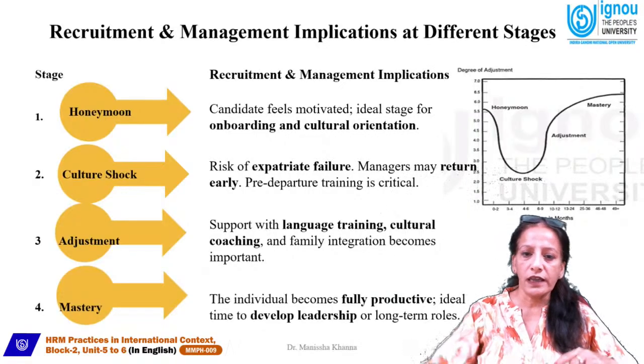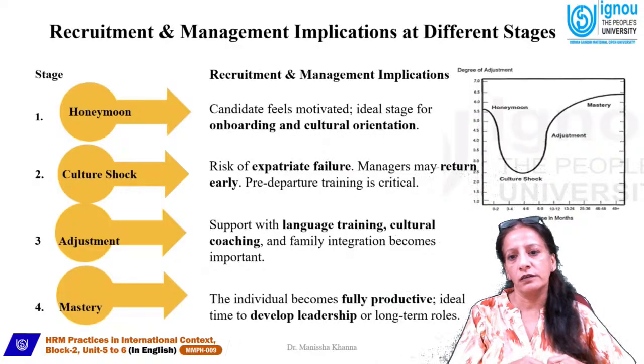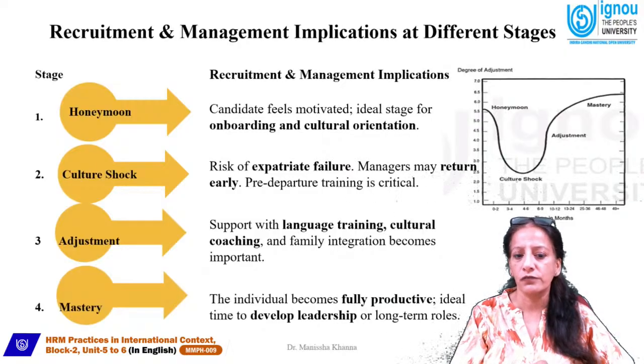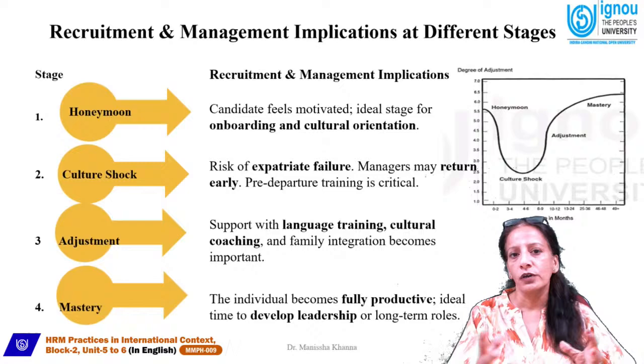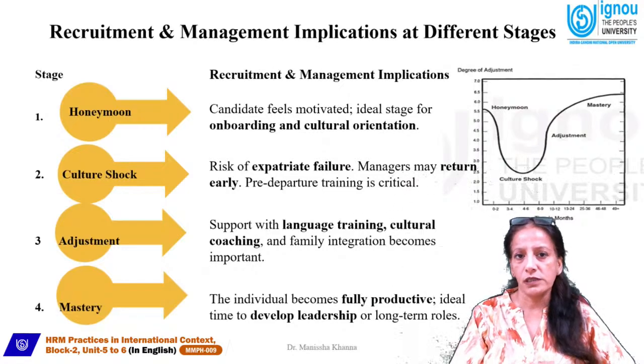But at the mastery stage, again, it moves up because now the training has been done. The management has taken full responsibility in terms of cultural coaching, or maybe family adjustments. The family has adjusted within the geography, within the environment, among the locals.